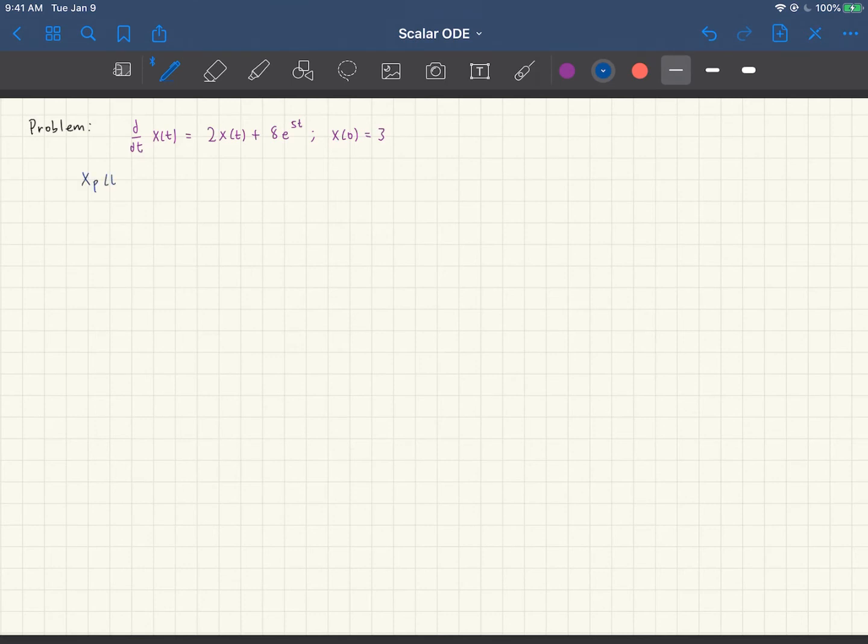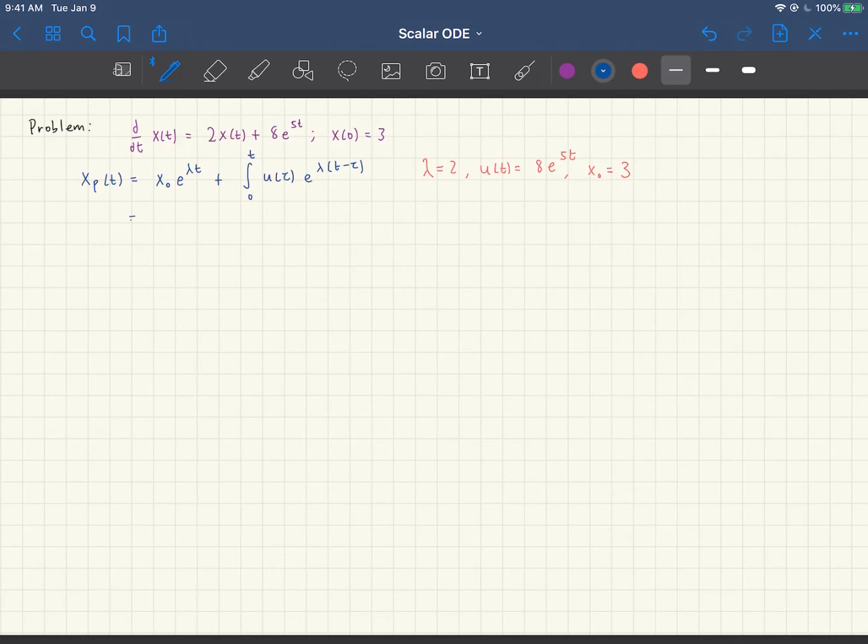We know xp of t is equal to x of 0 e to the lambda t plus the integral from 0 to t u of tau e to the lambda t minus tau. If we look at our differential equation, we can identify that lambda is equal to 2 and u of t is equal to 8e to the 5t, along with x of 0 is equal to 3.